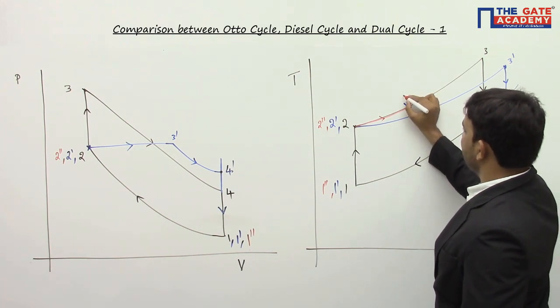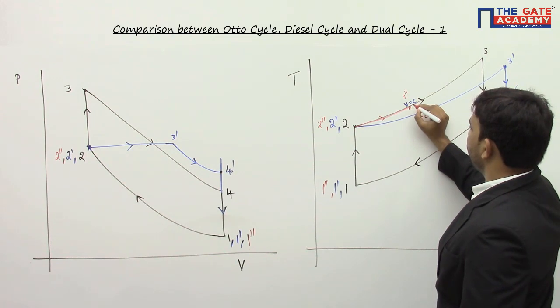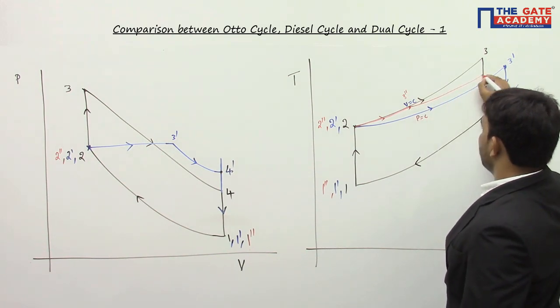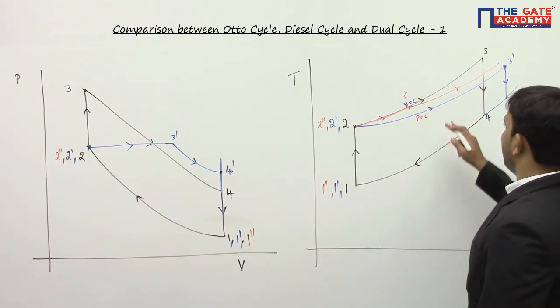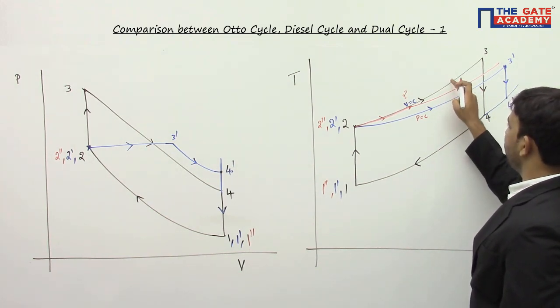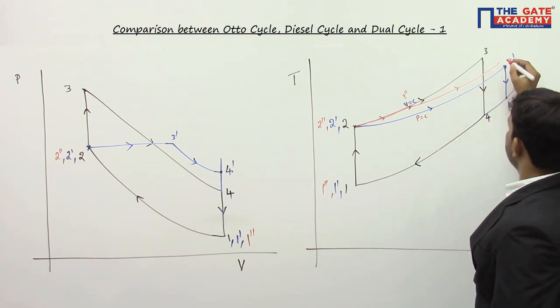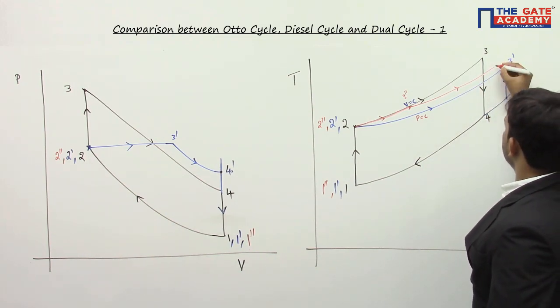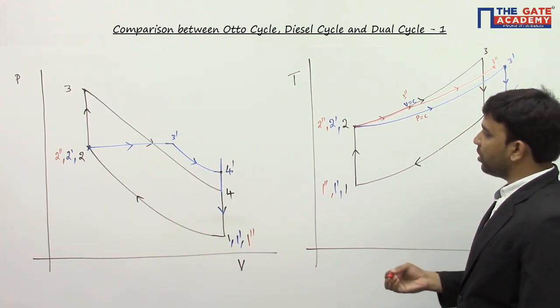After this point, which I am calling 3 double dash, we go for constant pressure heat addition. Since the constant pressure line slope is lesser than the constant volume line, the red color line will come below the black color line. This is constant pressure heat addition process. Already I told you that we are going for the same amount of heat addition.